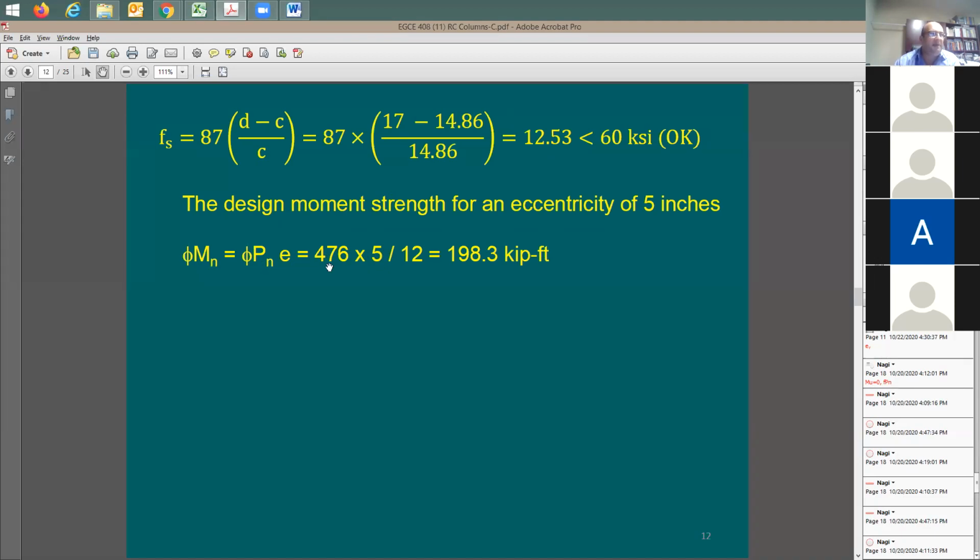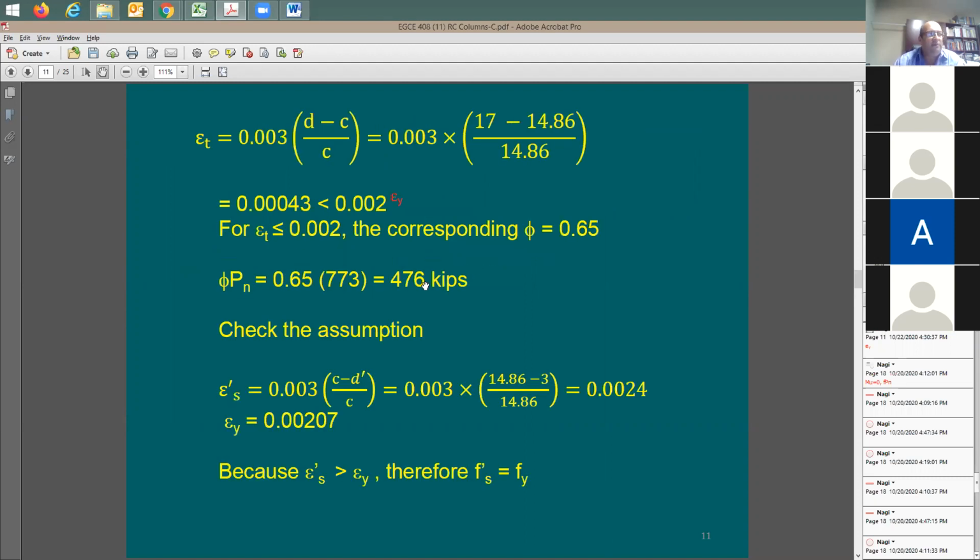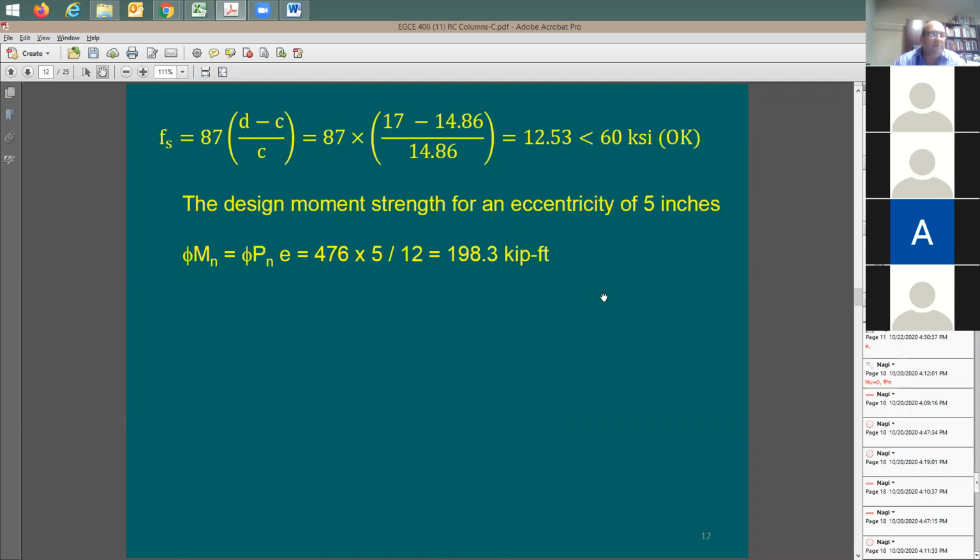So you take the phi Pn, multiplied by 5 over 12, it's going to be 198.3 kip-feet. This means this concrete section is able to take this axial compression force, which is 476, as long as the applied moment ranges from 0 to 198.3. Does this make sense to you guys?